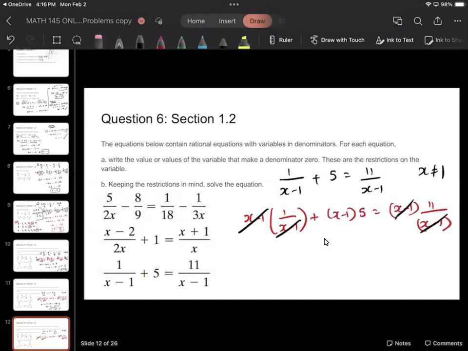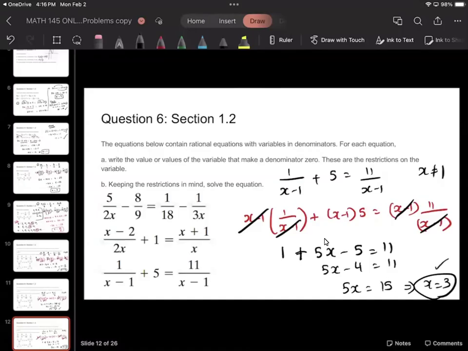This x minus 1, x minus 1 goes away. And I distribute. I have 1 plus 5x minus 5 is 11. So that means 5x minus 4 is 11. 5x is 15. x is 3. That doesn't interfere with our restriction. So this is our answer.